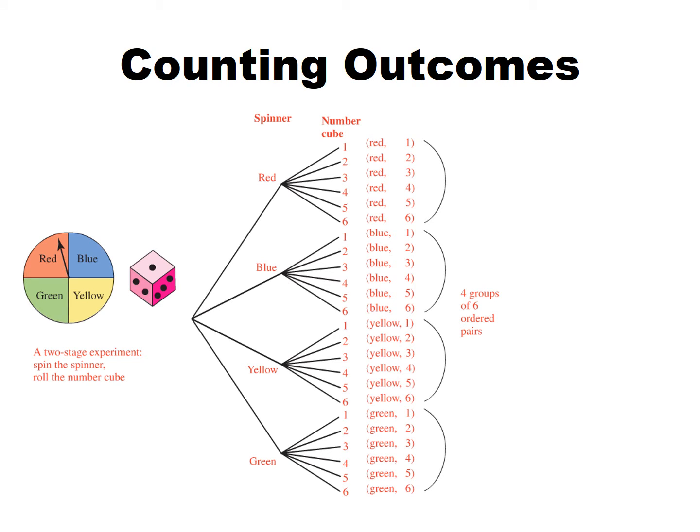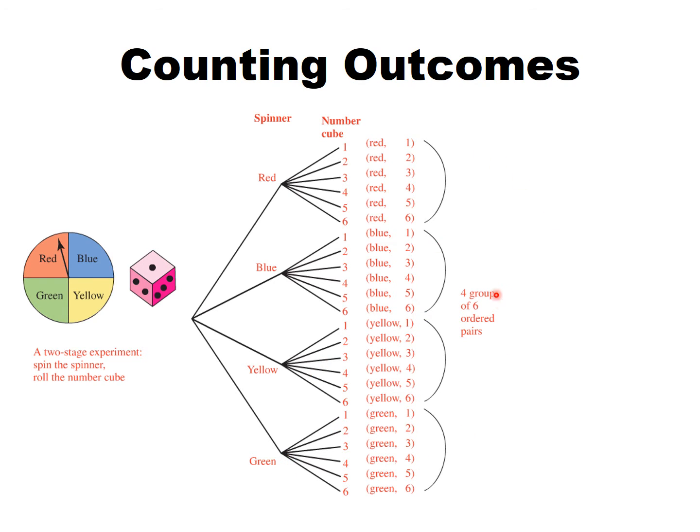Let's go back to this first two-stage experiment and count the number of outcomes without actually having to list all of them. From this tree diagram we see that from this red outcome we have 6 different possible outcomes. From this blue outcome we have a total of 6. From this yellow we have 6, from the green we have 6.